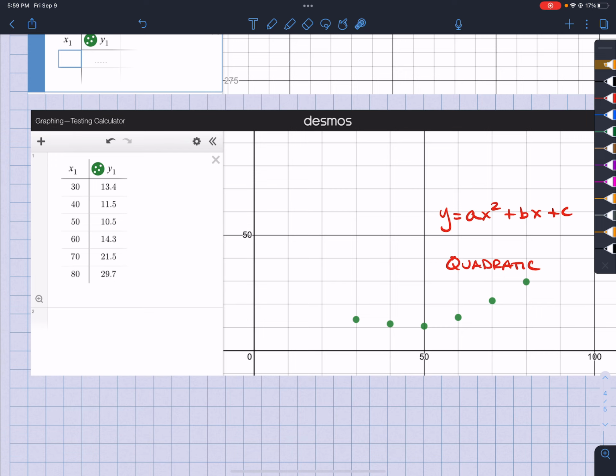What x values and what y values are we using? We're using x sub 1 and y sub 1. So what we have to do is make sure that we put y sub 1, x sub 1 squared and x sub 1 there. Okay, so this is what we would put in, except we're not going to say it's equal. We're going to say it's approximate.